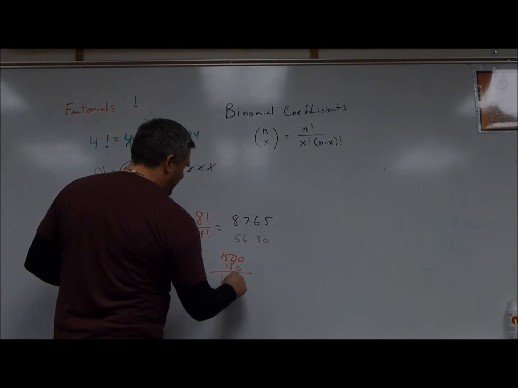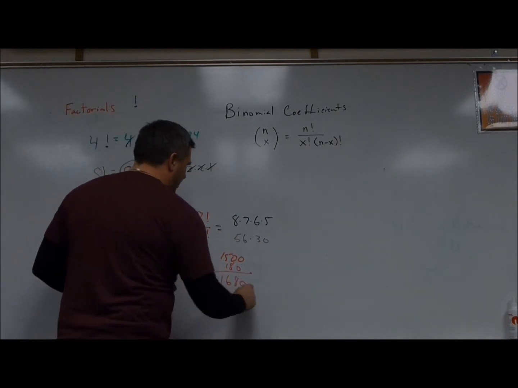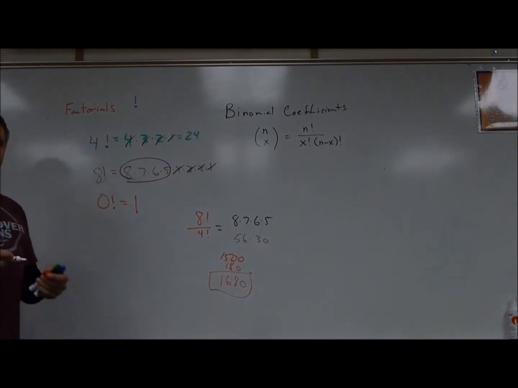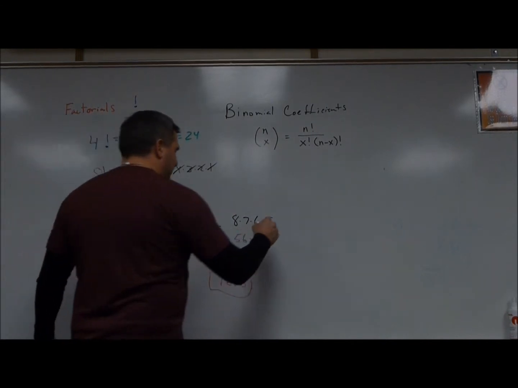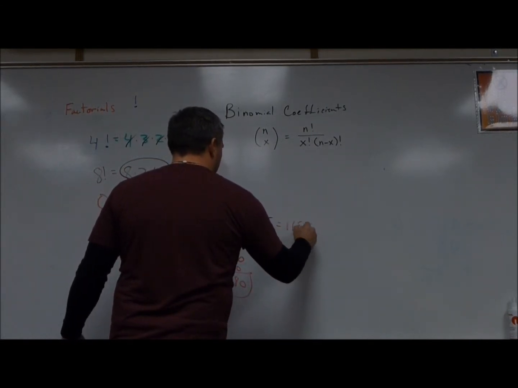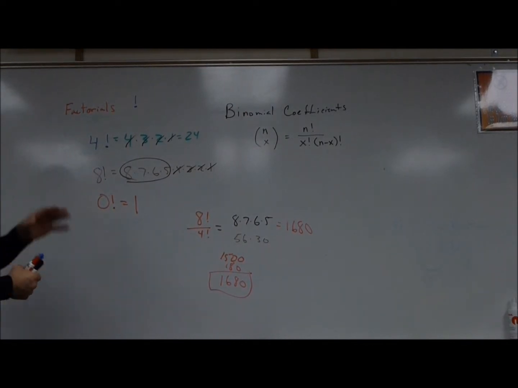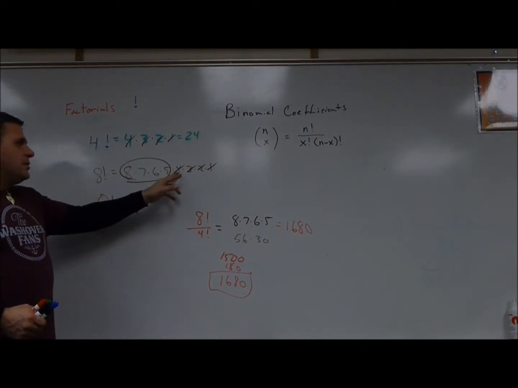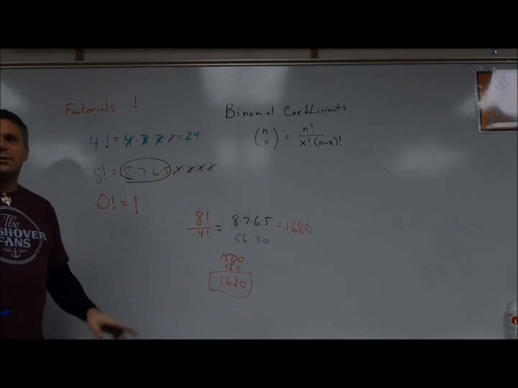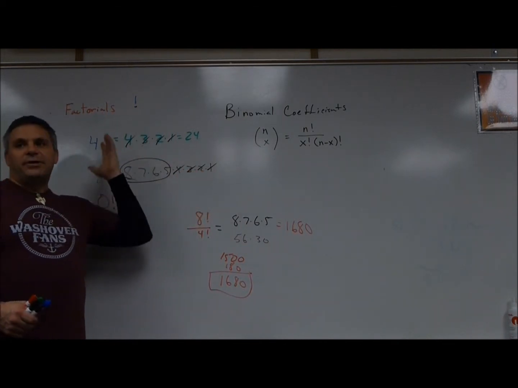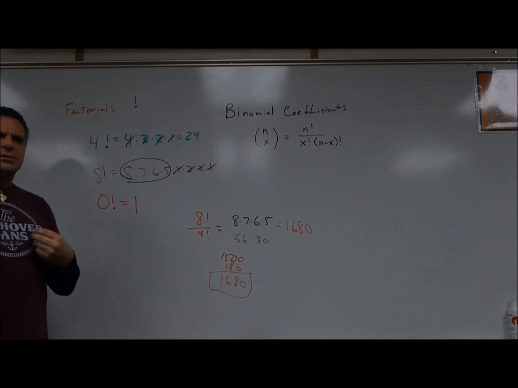So we get 1680. You can check my math. But 8 factorial divided by 4 factorial will equal 1680, because we canceled out the 4, the 3, the 2, and the 1 with the 4, the 3, the 2, and the 1 of the 4 factorial. Does that make sense?